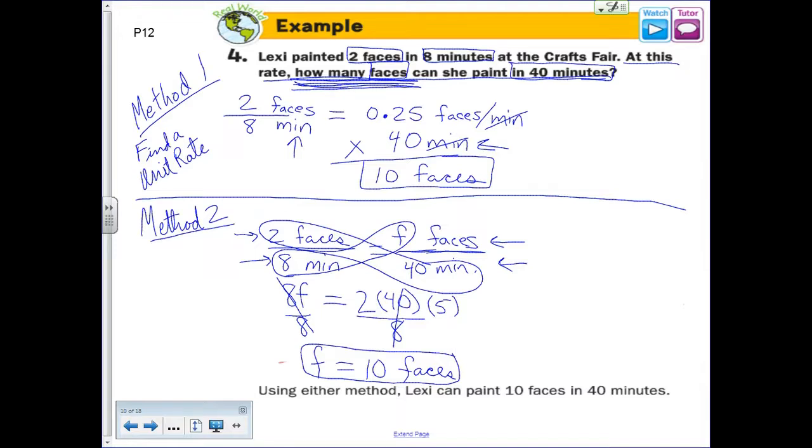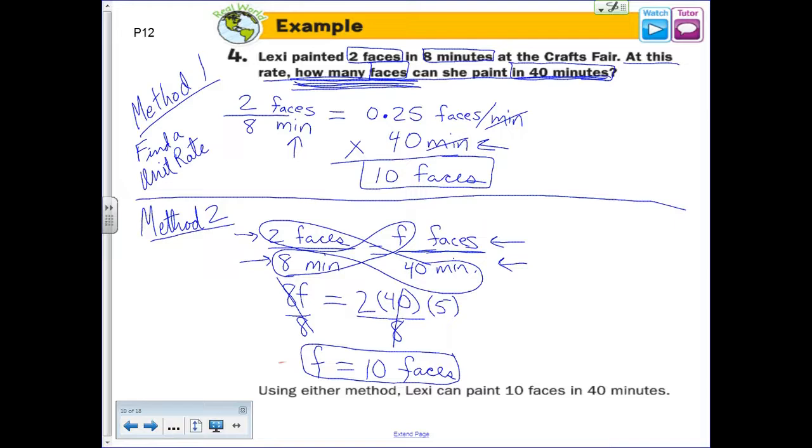To me, method 2 is the easier way to solve this problem because I don't really have to do 2 problems. On this top one, I had to do 2 problems. I had to, first of all, find the unit rate, and then secondly, I had to multiply by the 40 minutes that we're talking about in the problem to get 10 faces.